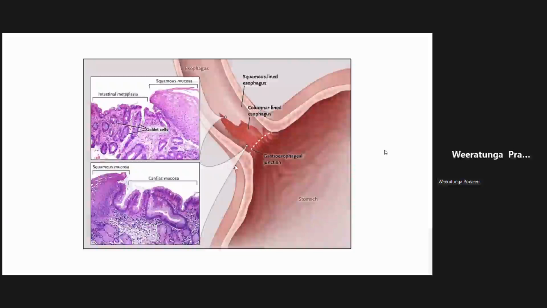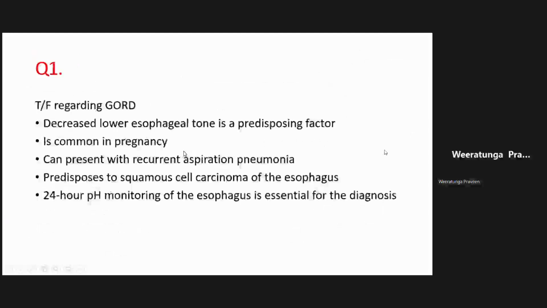This is essentially Barrett's esophagus, where you can have an extension of the columnar lining, or intestinal metaplasia of the esophagus. This can predispose to adenocarcinoma of the esophagus and not squamous cell carcinoma. It's the lower third of the esophagus that you get adenocarcinoma.